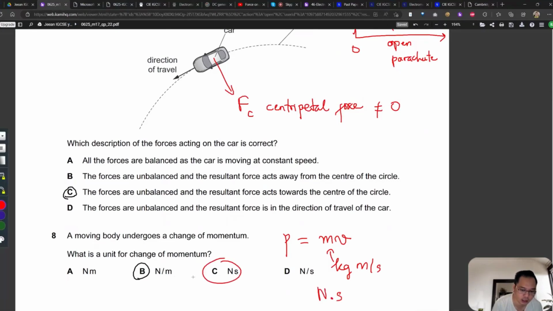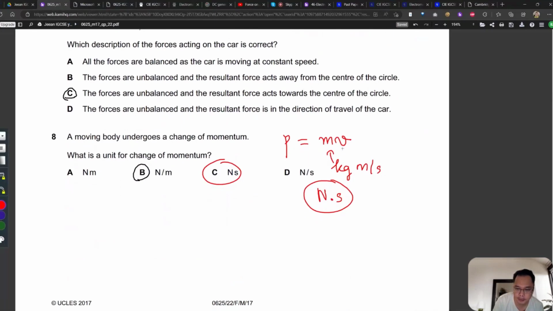Okay, the answer is this one. The reason for this unit is that Newton is the force.